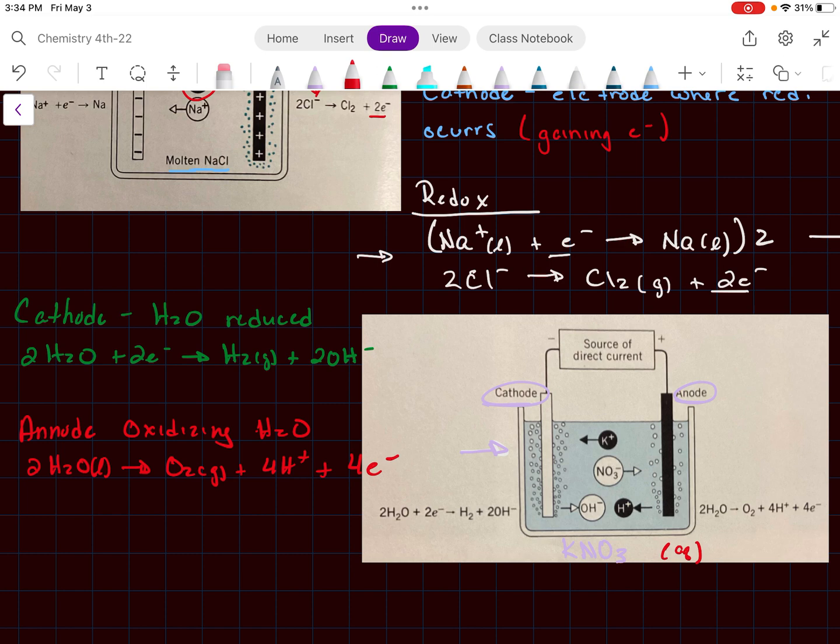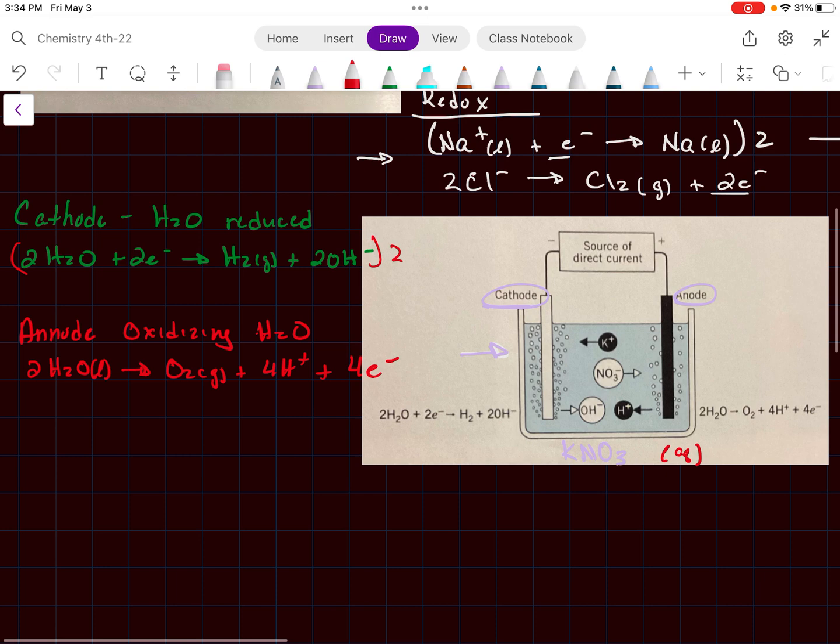So if we wanted to balance this out, right, we would have to multiply this reaction by 2, right, and then write the net ionic equation. You do that, you add them all up, you cancel the electrons, and basically what's happening here is you're going to end up with 2H2O.